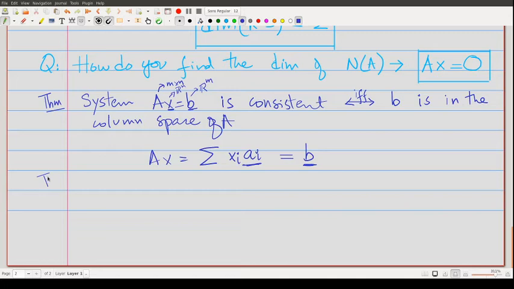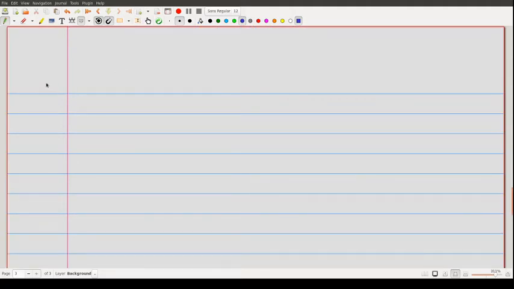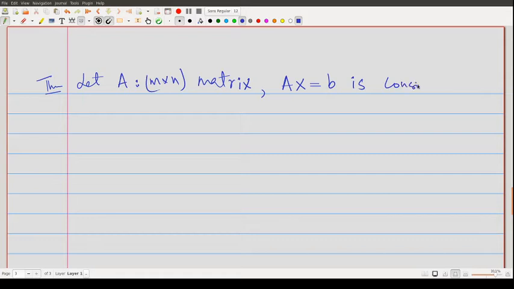The other one is that, actually let's move to the other page. All right, so theorem, we have let A be an m by n matrix and Ax equals b, then Ax equals b is consistent for every b.